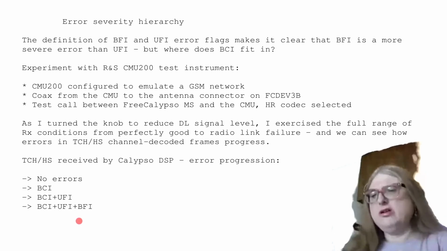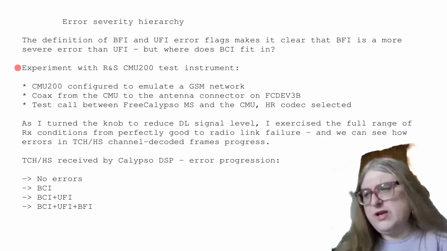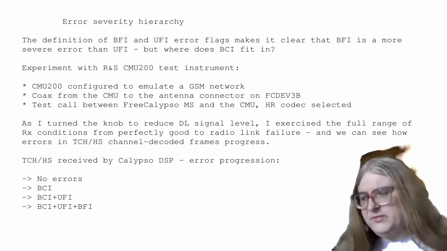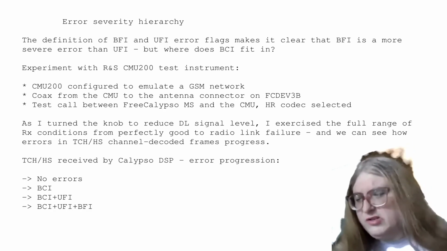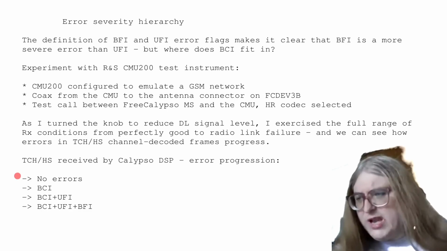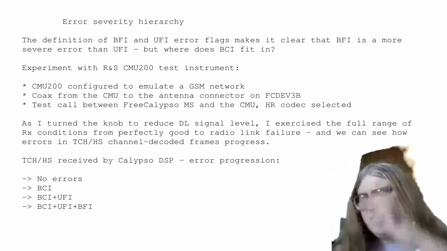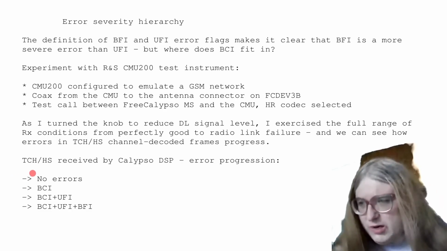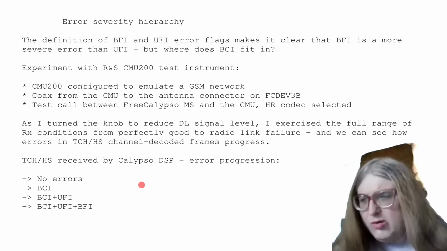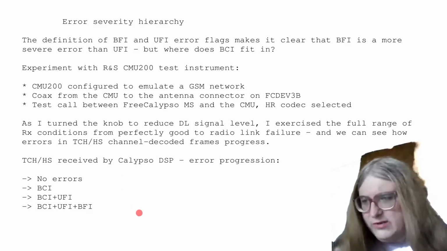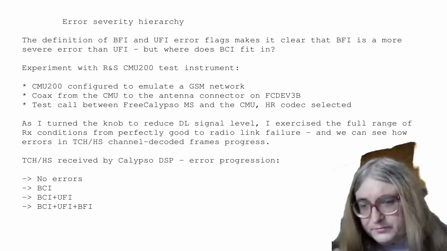The captures from the experiment are posted in the retro GSM wiki in Redmine, so you can see for yourselves. It could be based on the DMAC field, but that one's completely undocumented, so we don't know anything about that. So that's the unfortunate part. No criteria are known. What are the criteria for setting these different error severities? No idea.